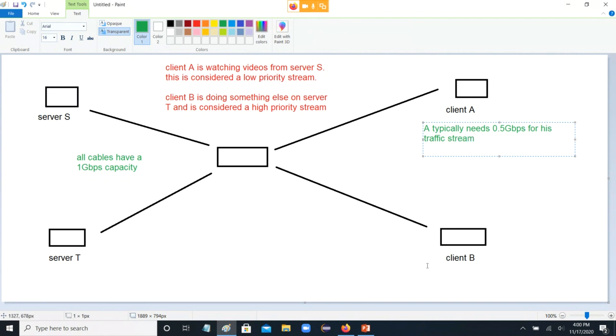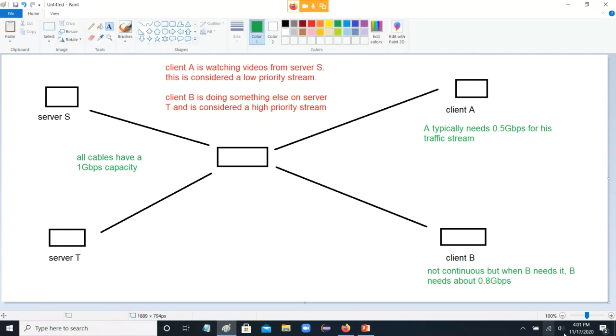Okay, client B, not continuous, but when B needs it, B needs about 0.8 gigabits per second. Okay, so remember, B is high priority. Whenever B shows up, B gets what B wants.